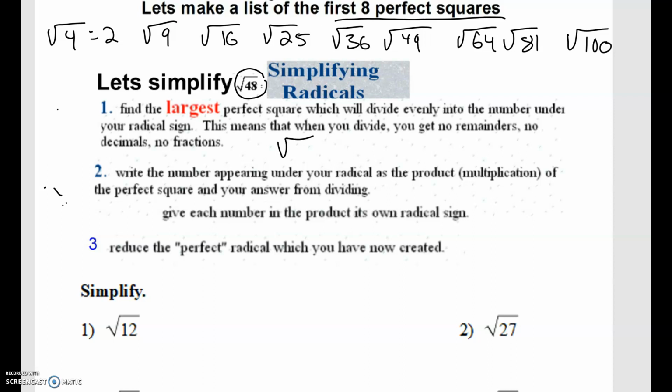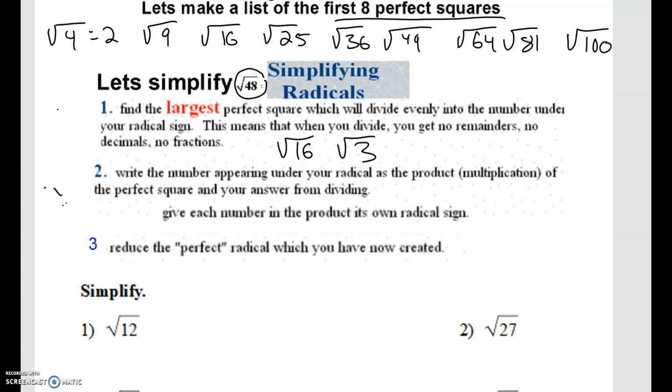So we got 16 and 3. Again, we have to find 2 factors. One of the factors has to be one of these numbers up on the top that we just listed. It has to be a perfect square.